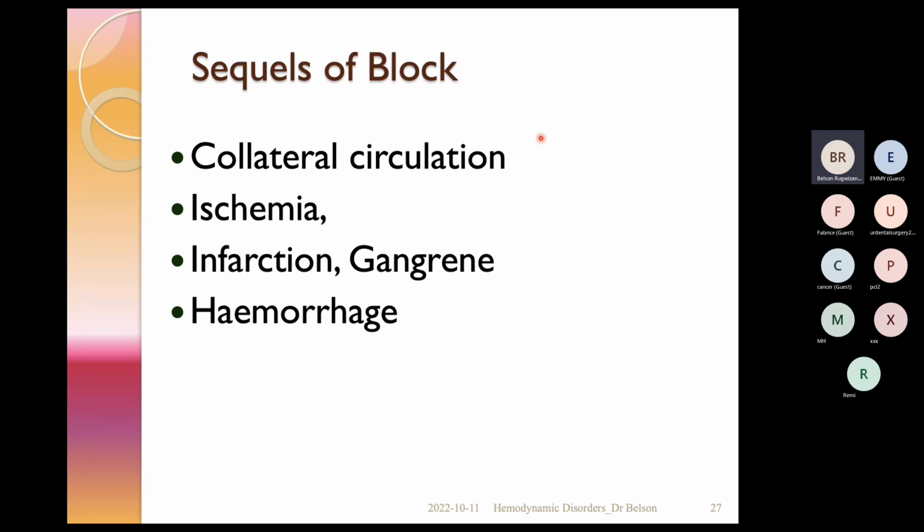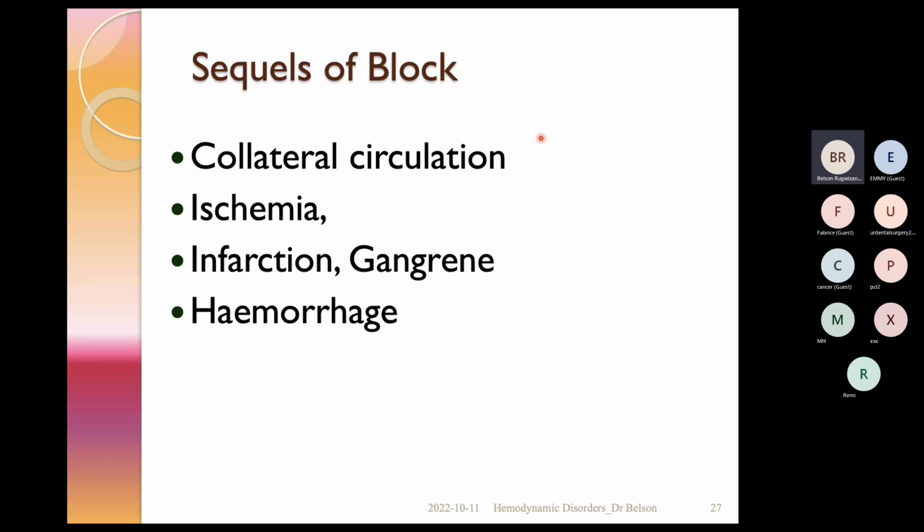So another consequence is ischemia. You understand? Ischemia means there is no longer blood supply to an organ. So ischemia is a reversible injury, meaning that it is transient. But when it is there for minutes, then there will be infarction. Infarction, or death of the cells, is irreversible.